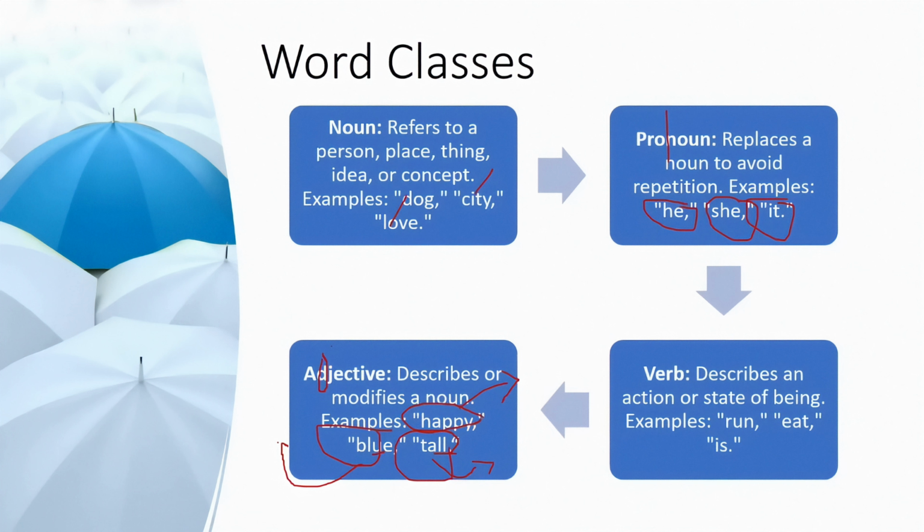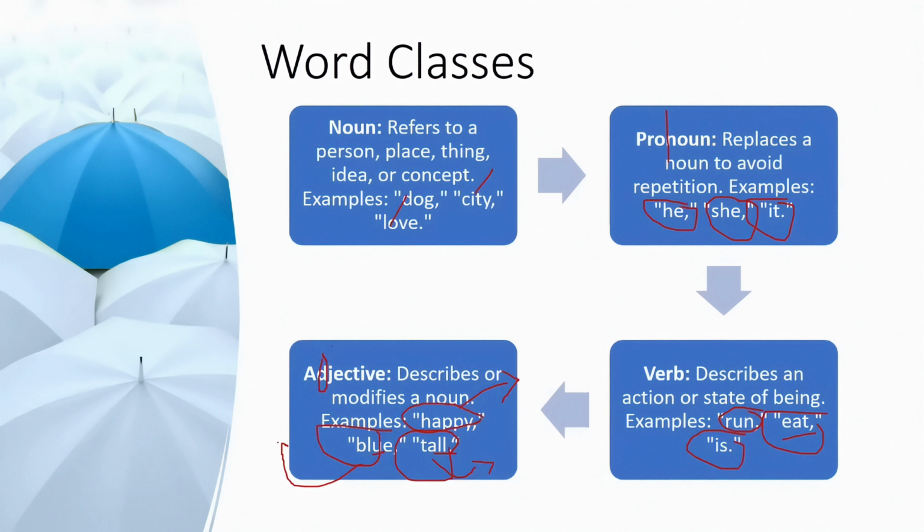So these are adjectives. The verb describes an action or state of being. Example: run, eat, or is. It may be a state. It seems happy. So it is a state. So seems is a verb. The baby is running. So run is a verb, action. Eat, he eats chips, is eating food.